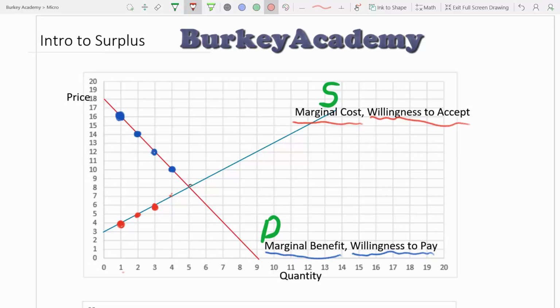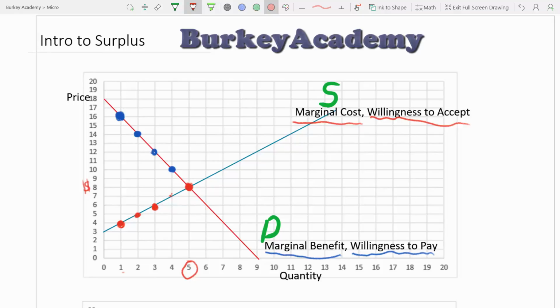Now, when we get to the equilibrium point here at a price of $8 or 8 euros and a quantity of 5 units, that's an equilibrium because that price of $8 is the price where the quantity people want to buy is 5 and the quantity businesses want to produce is 5.